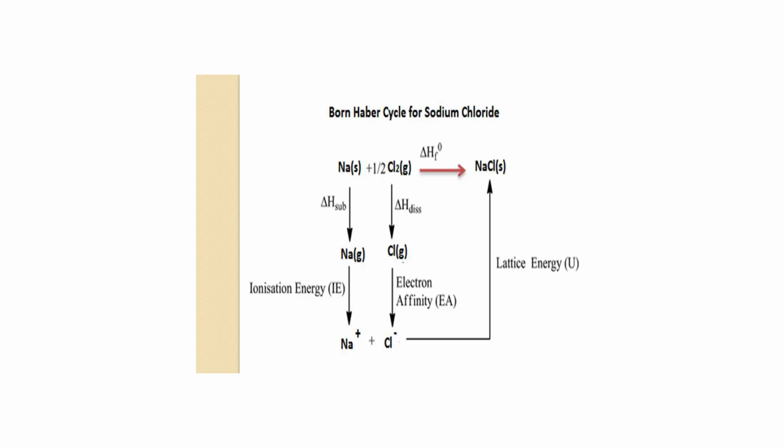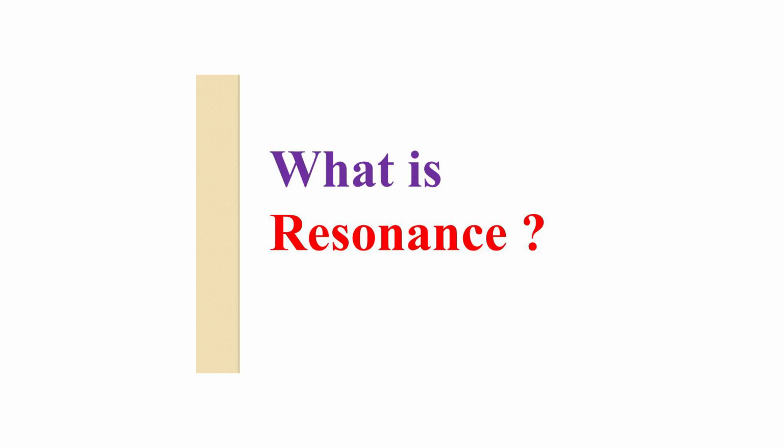Yes, students, define lattice enthalpy. Lattice enthalpy is defined as the amount of energy released when 1 mole of ionic solid is formed by close packing of its gaseous ions. Students, then the next important term, resonance.